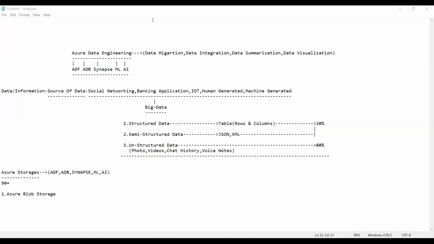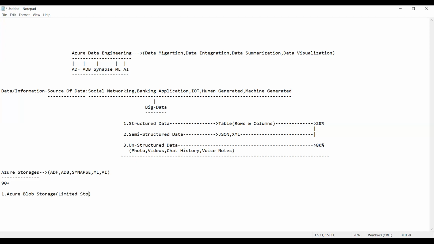Azure Blob storage is a limited storage, guys.